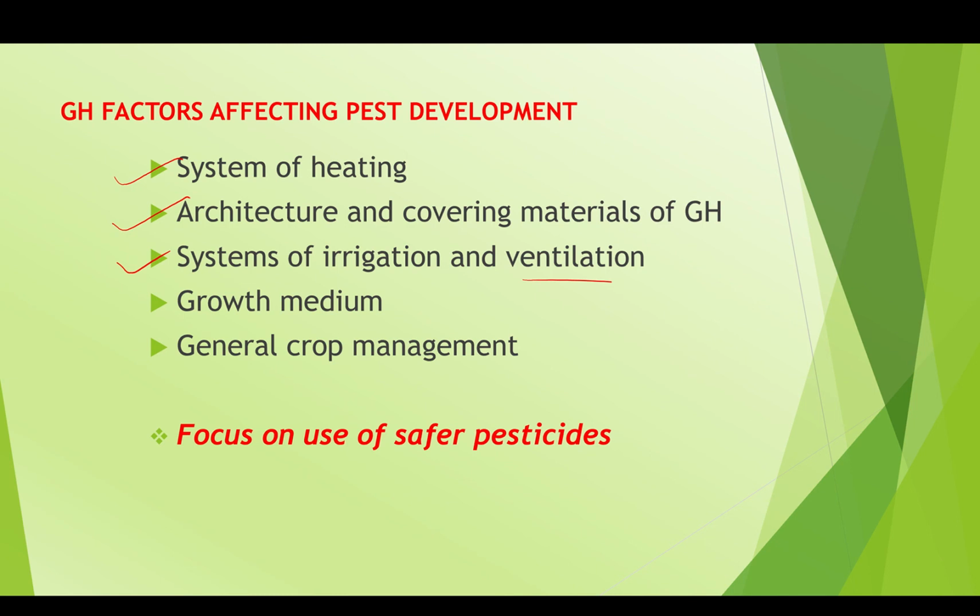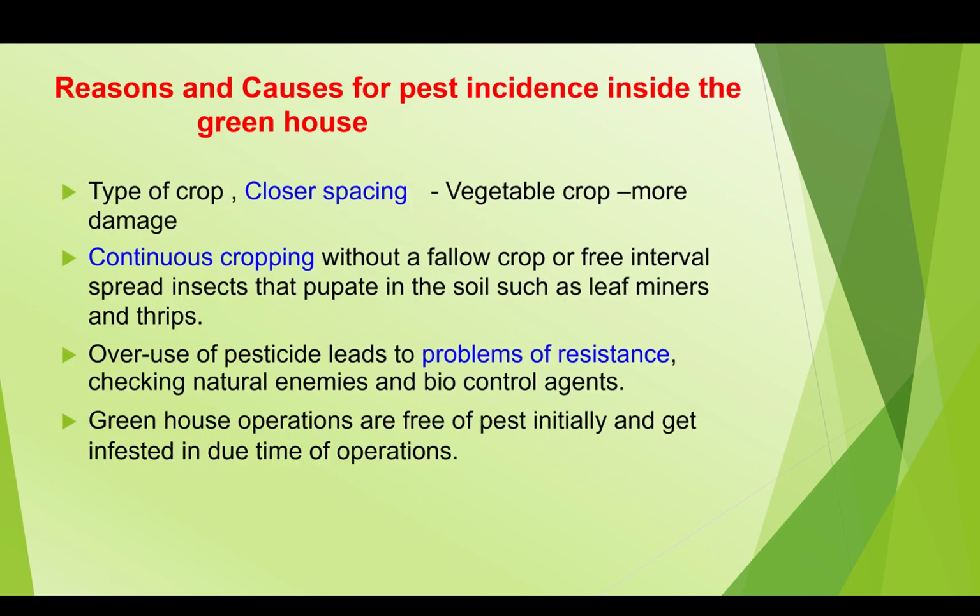Okay, so growth medium, it should be properly sterilized before using it. Then general crop management means we have to properly maintain the intercultural practices, so as to avoid the hibernation of the insect pest. Okay, then focus on safer use of pesticides.